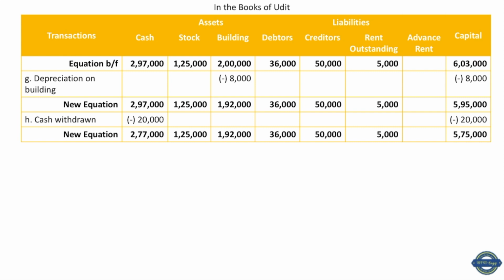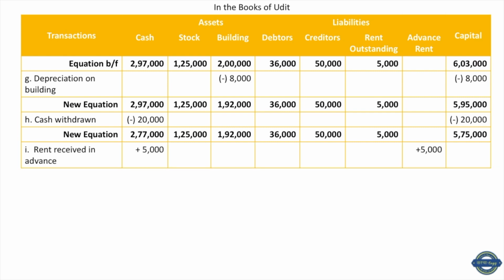Rent received in advance. Rent received in advance, that means this is an income. Since it has been received in advance, this is not an income of this accounting period. So that means this is a liability, because we are yet to benefit from this. We still owe this money if we do not earn this income in the next accounting period.